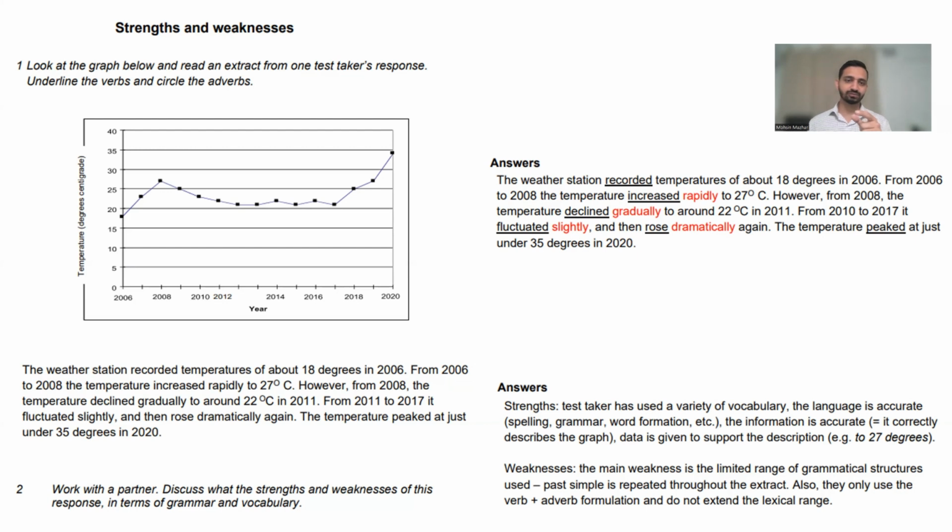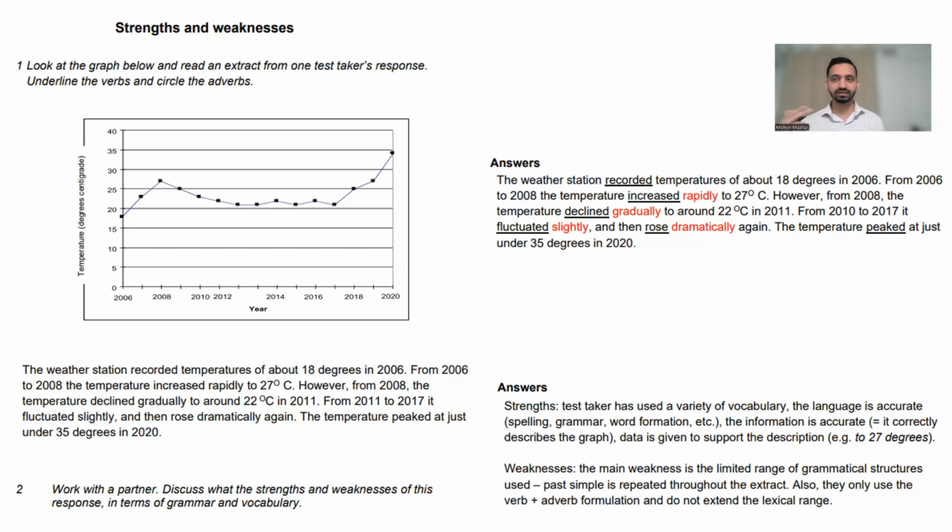So from 2006 to 2008, you can see the rapid increase in the trend, right? To 27 degrees. However, from 2008, the temperature declined gradually. Now it's a gradual decline. You can see up until 2013, a gradual decline. From 2011 to 2017, it fluctuated slightly, so it went up and down.